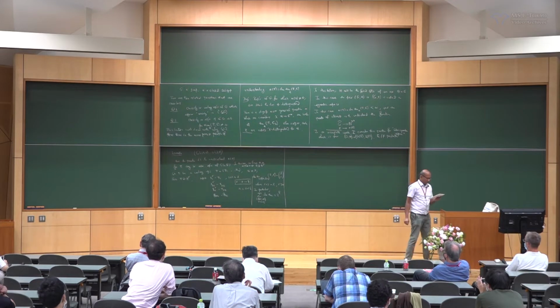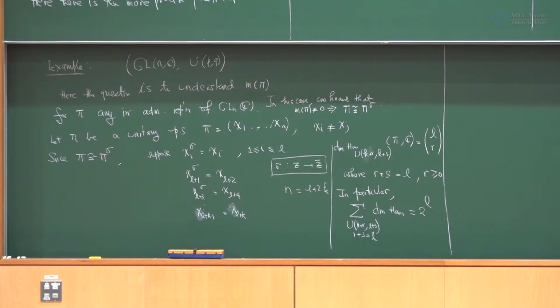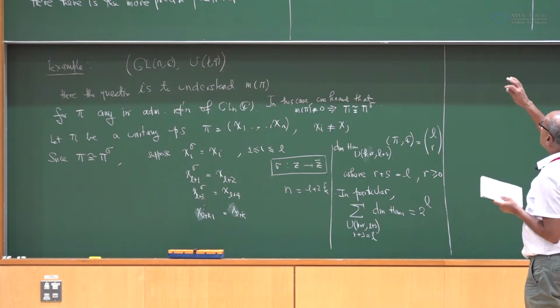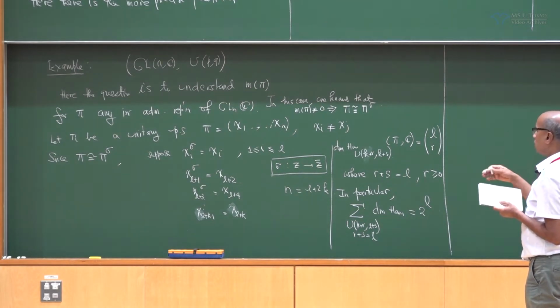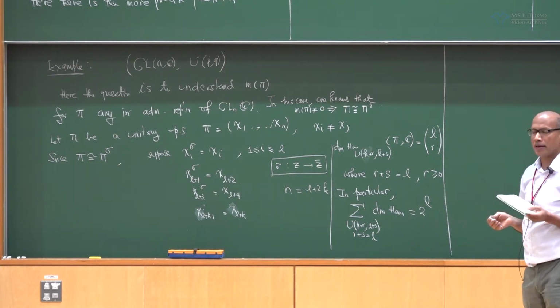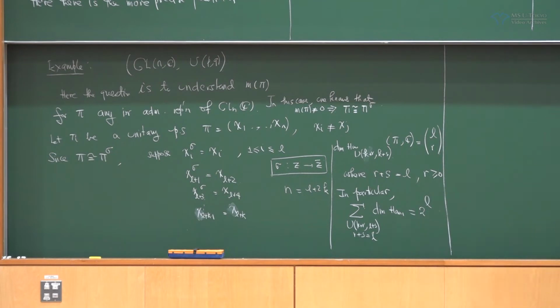So I have chosen this example to say that the explicit multiplicities, and for which group and for which representations they are non-zero, are quite subtle, and even this calculation I think is somewhat non-trivial.